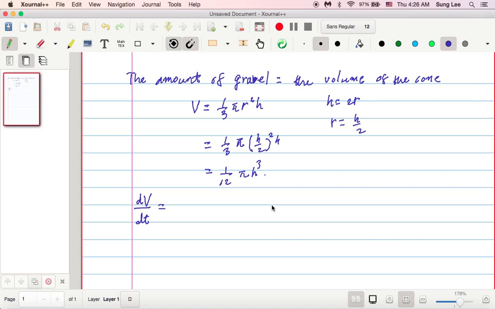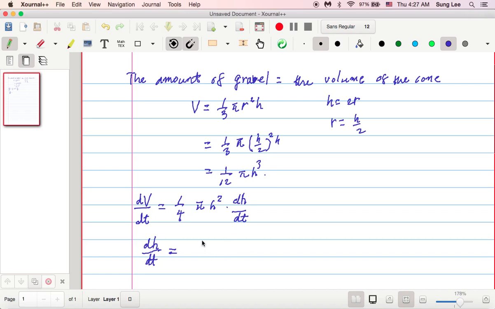So that's going to be 1 over 4 pi h squared, and then multiply that by dh/dt.